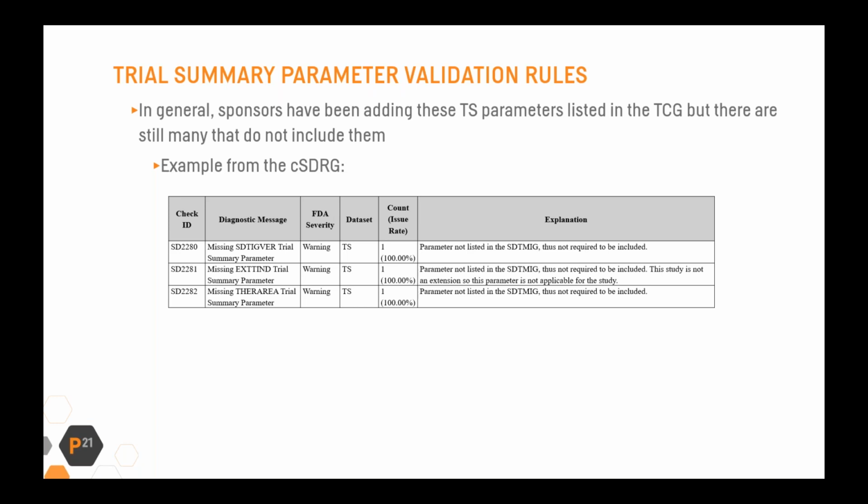And they explain for a couple of these, the parameters not listed in the SDTMIG, thus not required to be included. And I do see that explanation a lot, that because it's not in the IG, they don't have to include it. Something else that I see is that the study is not an extension, so the parameter is not applicable for the study. I see a lot of explanations like that.